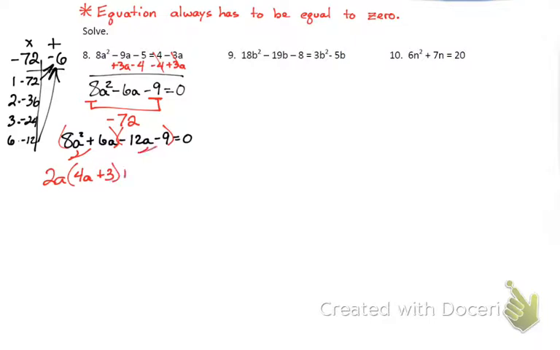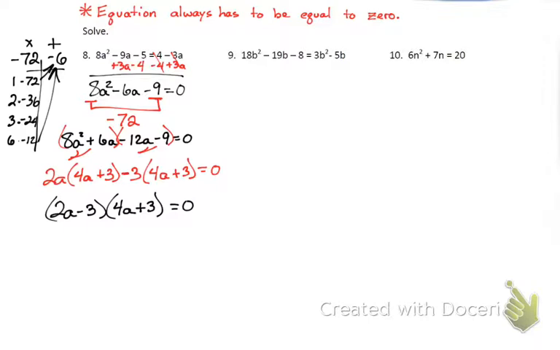Second group, I'm going to take out a negative 3, leaving me with positive 4a plus 3. Again, equals 0. So now I rewrite 2a minus 3 times 4a plus 3 equals 0.